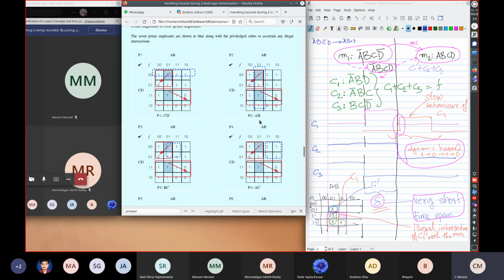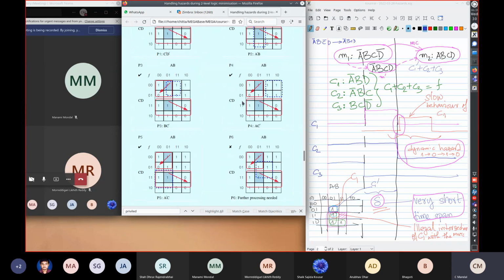So for both these dynamic transitions, these cubes include the starting point. So these cubes are all right. You can keep these cubes as well. Looking at this cube, this also includes the starting point of this privileged cube. Okay, so this is all right.